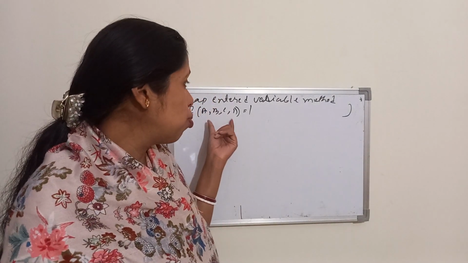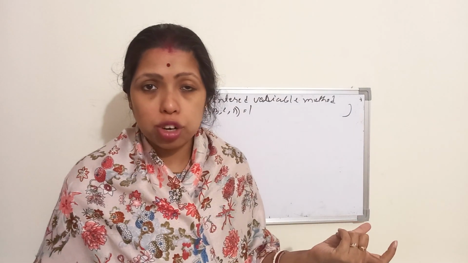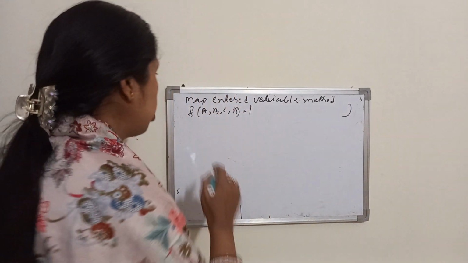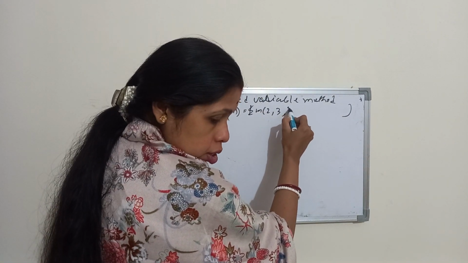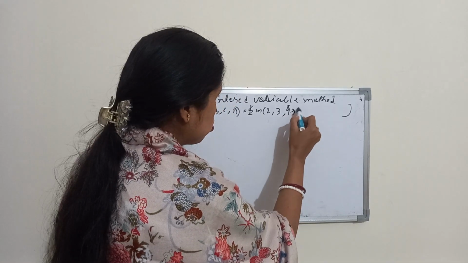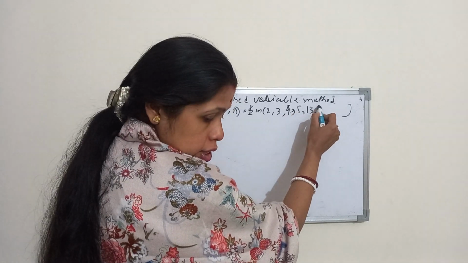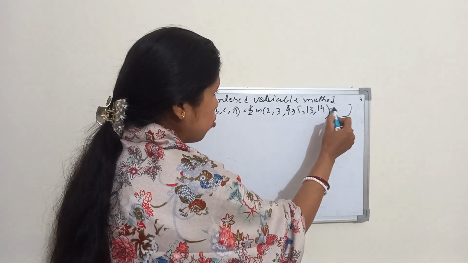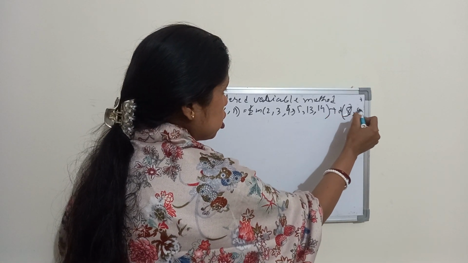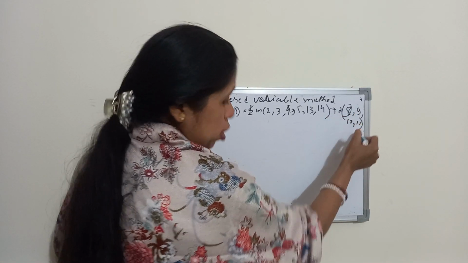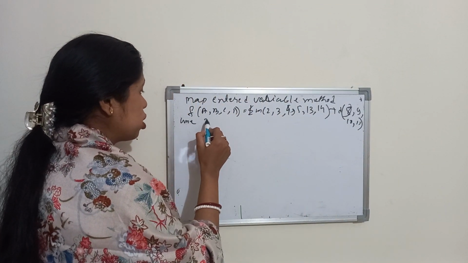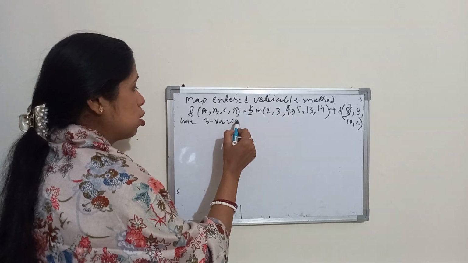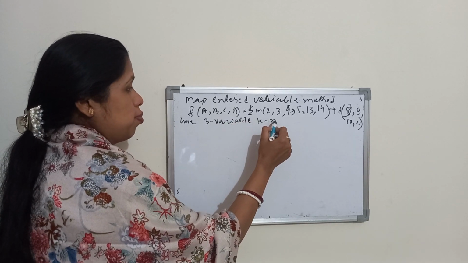You have four variables, and you have to use the three variable K-map for that. The function is 3, 5, 4, 5, 13, 14, and the don't cares are 8, 9, 10, 11. You have to use the three variable K-map.